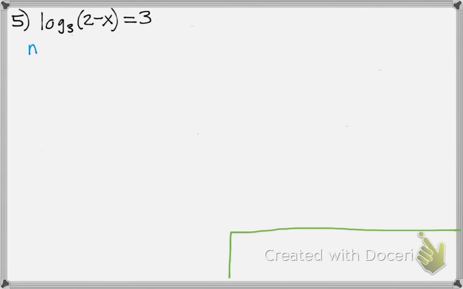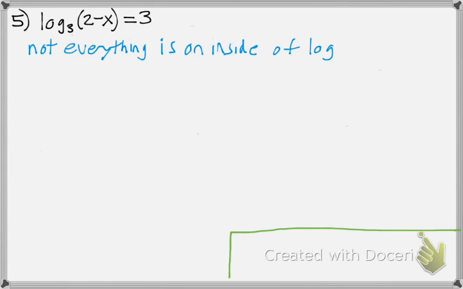So not everything is on the inside of a logarithm, meaning we have this 3 here, which is not on the inside of a logarithm. So what that means is we want to use the transformation.